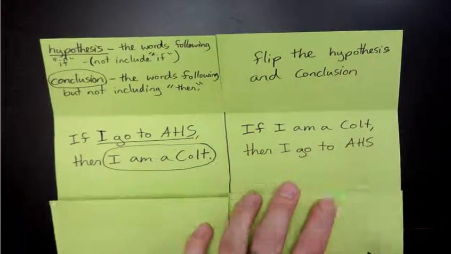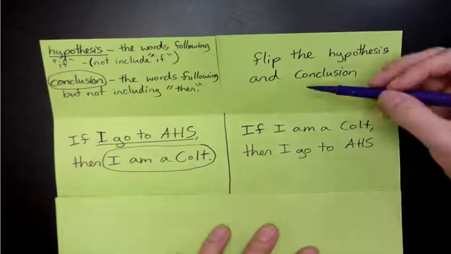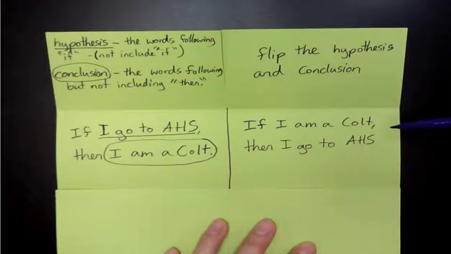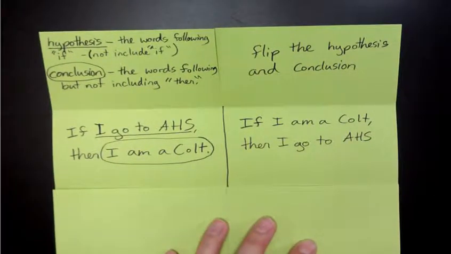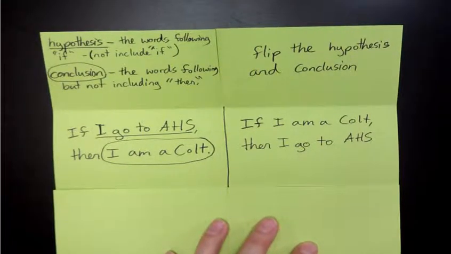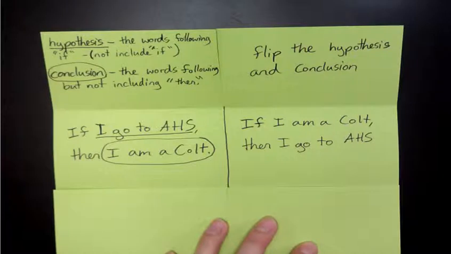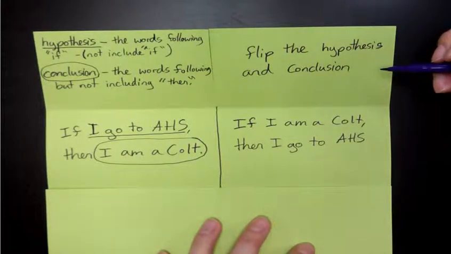Because remember, the if and then are not part of the original statement, and so they say where they are when we flip the hypothesis and conclusion. So you turn to the next person next to you and say, converse is when we flip hypothesis and conclusion.